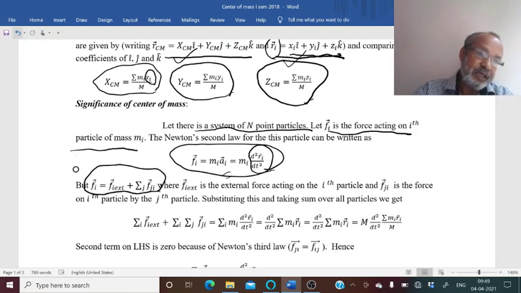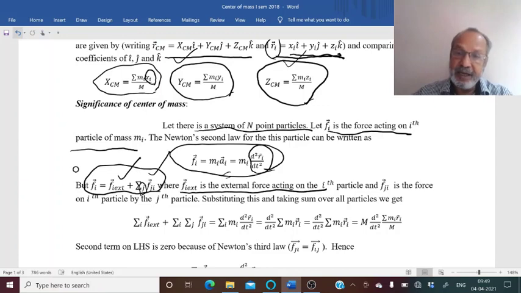It is external force acting on the ith particle and force acting on the ith particle by the jth particle. And there are so many other particles in the system, so we have to sum over j to get the force due to all other particles. Here Fi external is the external force acting on the ith particle, and Fji is the force on ith particle by the jth particle.